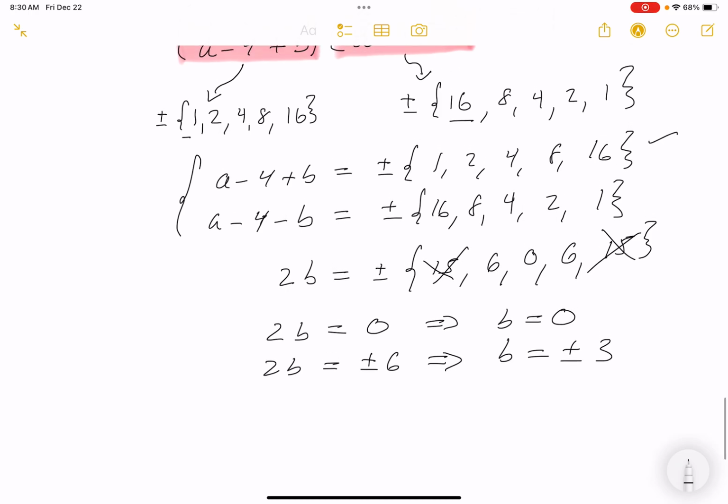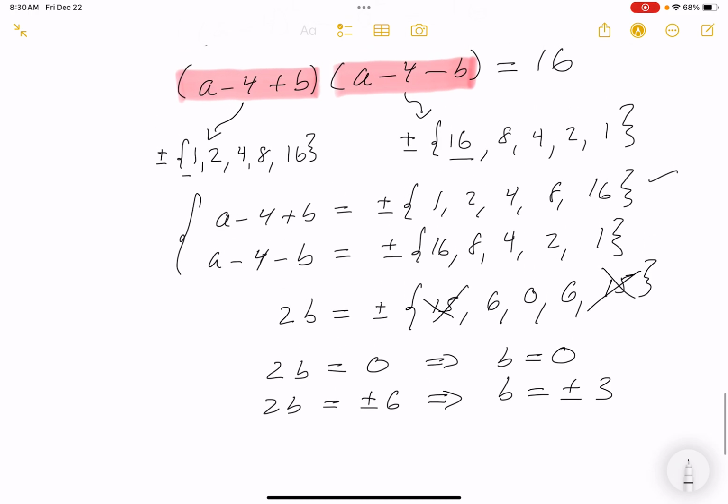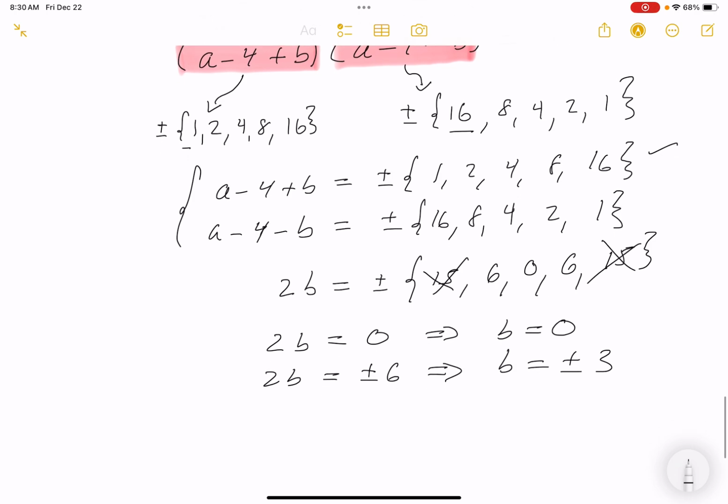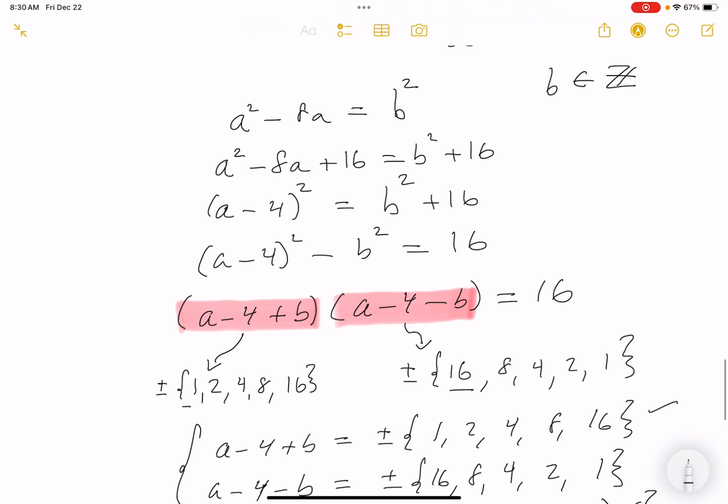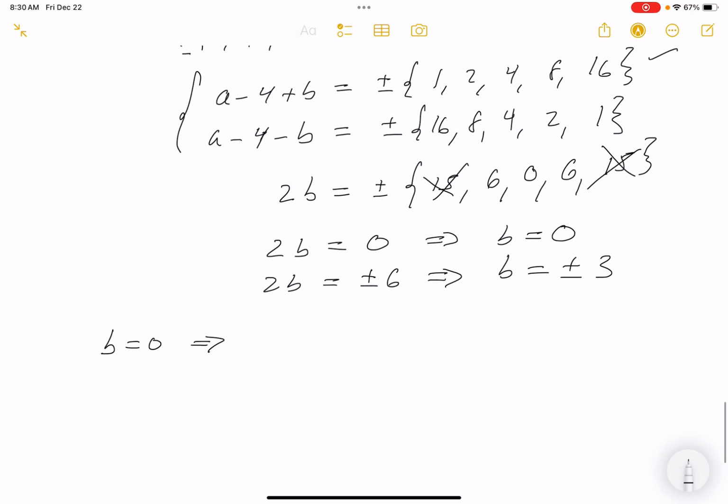And I got to go back because I'm really concerned about the A now. And I'm wondering, if the B is 0, what would I be coming up with over here? And let's go back to the original problem. If the B were 0, and I'm really going to go this one over here, by the way, because it's probably the easiest one I can deal with. So if B is 0, what do you get?